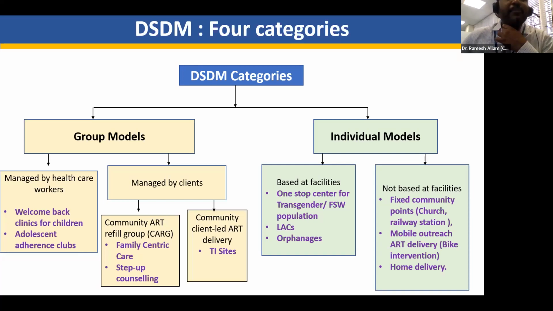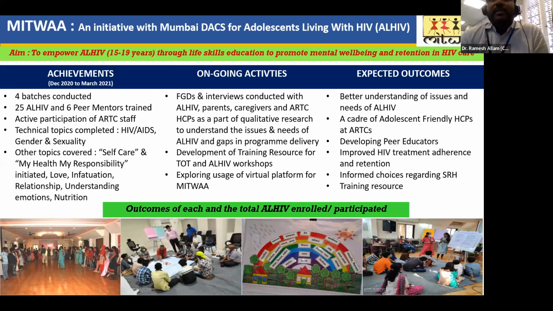So to close gaps in terms of access and also management, these are the DSDM categories that we see. So, a busy slide, but this is one intervention from Mumbai.